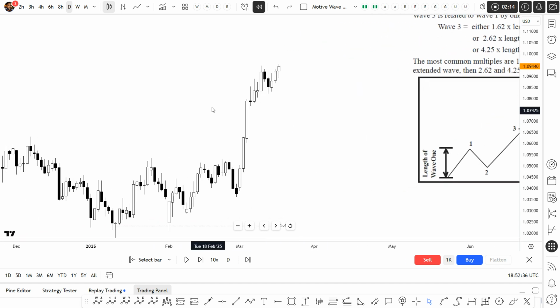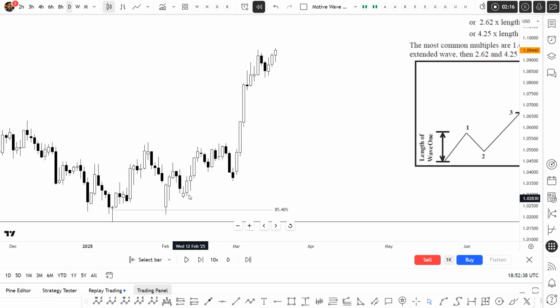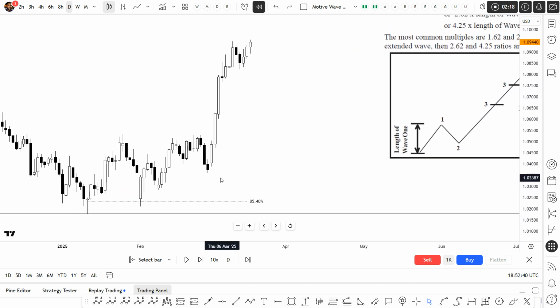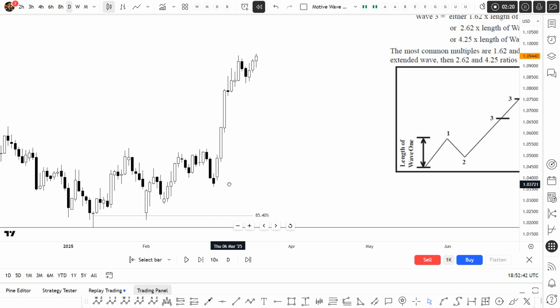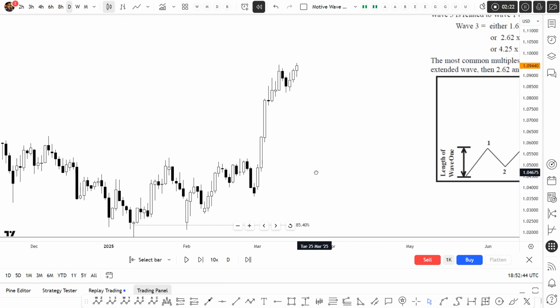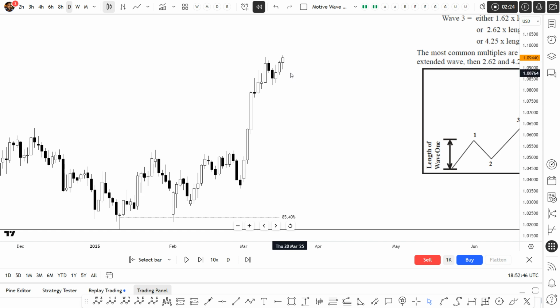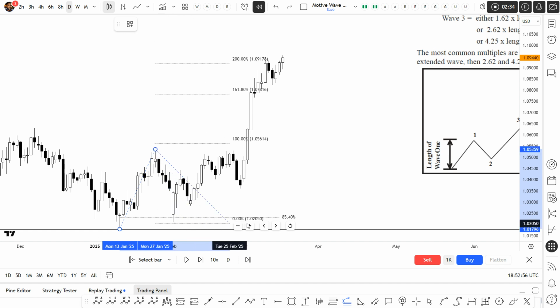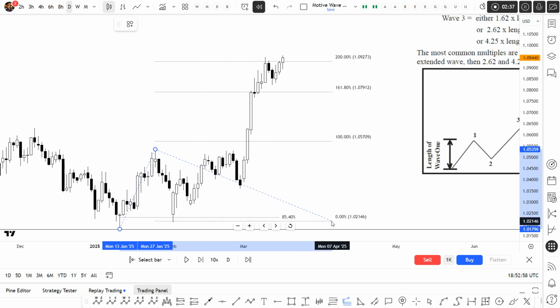Now, like I said, we already have our wave two which ended at the 61.8% ratio. So if I'm to mark up this whole area here, and I want to know my end point of wave three, all I simply need to do is to click on my fib extension. So I will click from the starting point of wave one here to the end point of wave one, and to the end point of wave two.